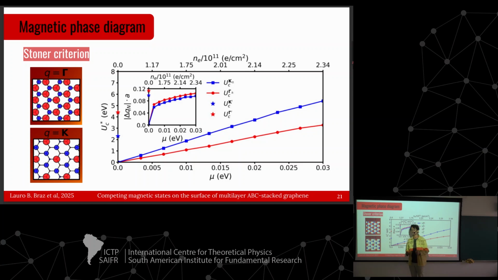Intuitively, the Stoner criterion says that if the density of states diverges, then the necessary electron-electron interaction, the Hubbard U, can be any infinitesimal value to give a magnetic state. But we show that if the Hubbard U is increased a little bit more, this state is suppressed. So actually, the stable magnetic states are at these higher Hubbard U's.